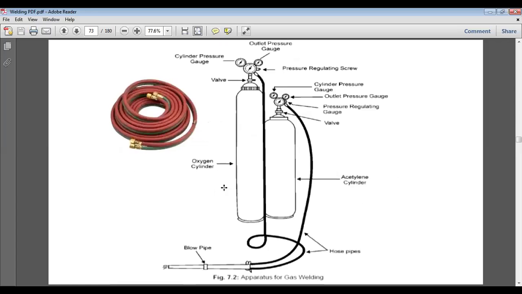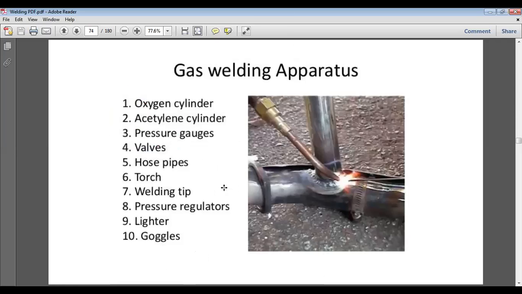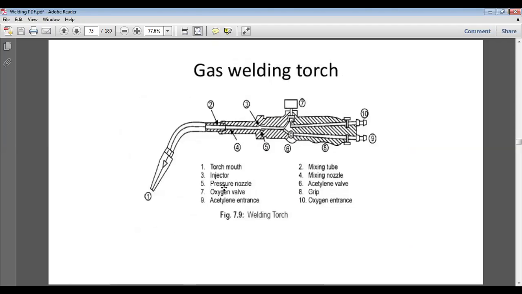These are the gas welding apparatus. Goggles are also required because these produce very high radiation. Then a lighter for burning the gas, and then we have the gas welding torch.